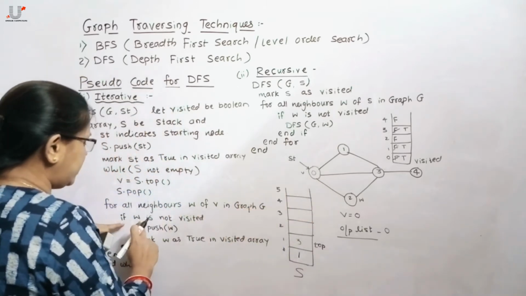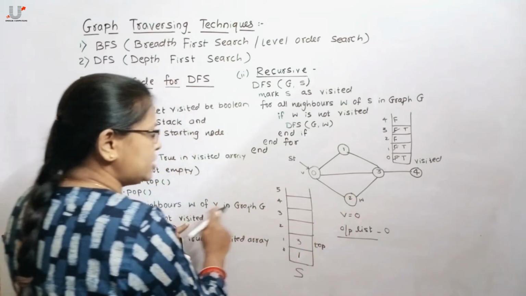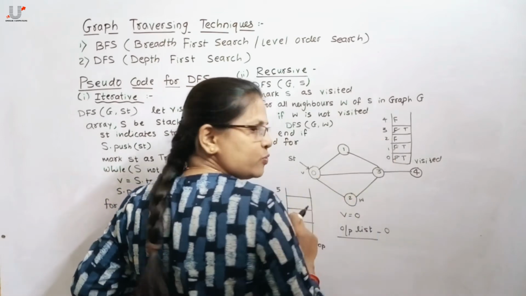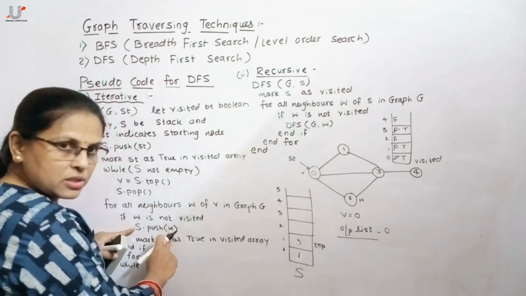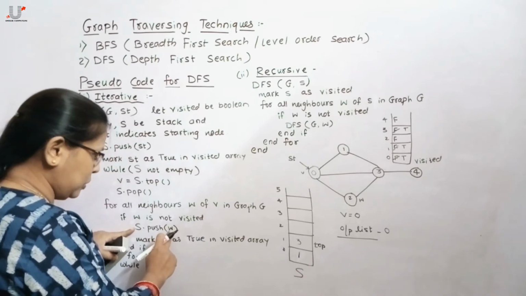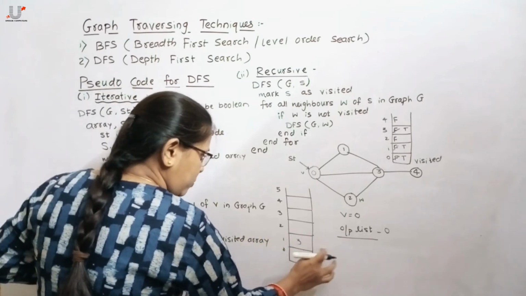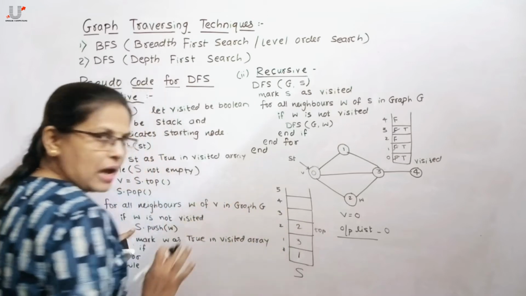Then if w, meaning this 2, is not visited, check the status of that 2 in the visited array. As it is false, that means it is not visited yet. Then push that unvisited node w, meaning 2, into the stack. So 2 gets pushed into the stack.